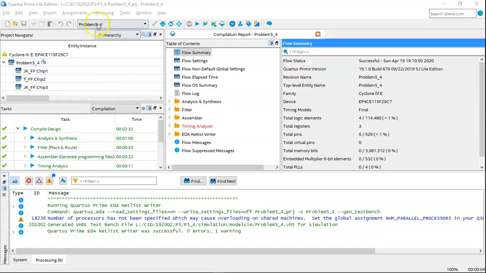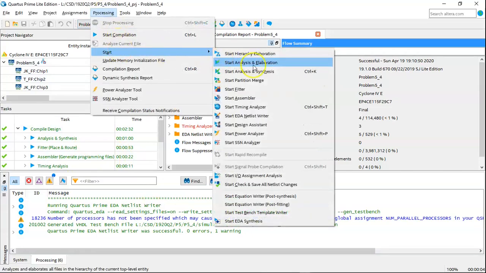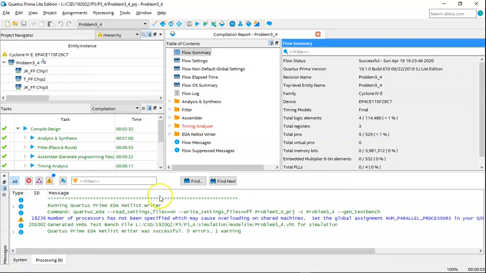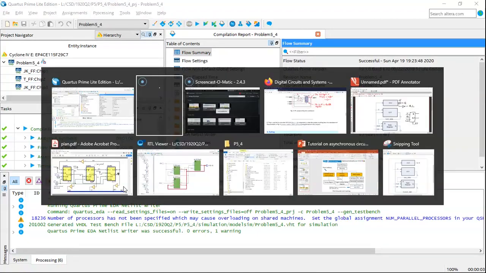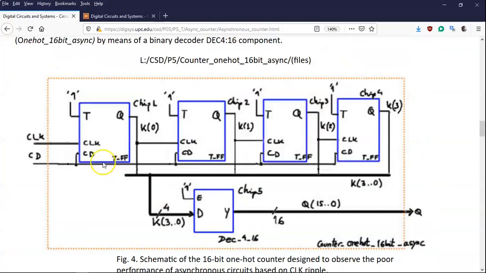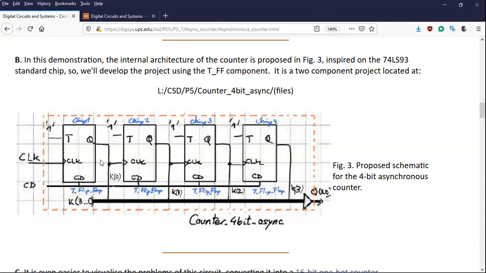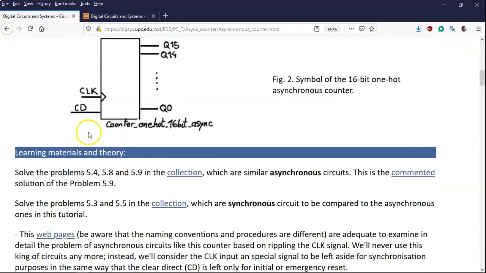So it is time to generate the processing test bench, right? And if you have to find somewhere to copy a similar test bench for a similar circuit, it is, for example, the asynchronous tutorial that you have in P5, okay?